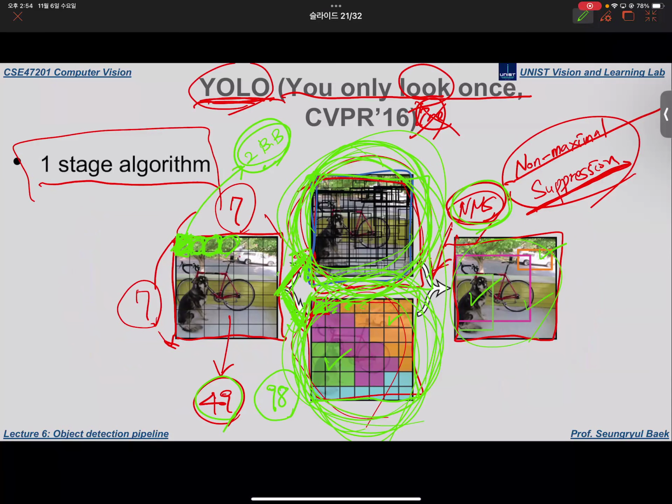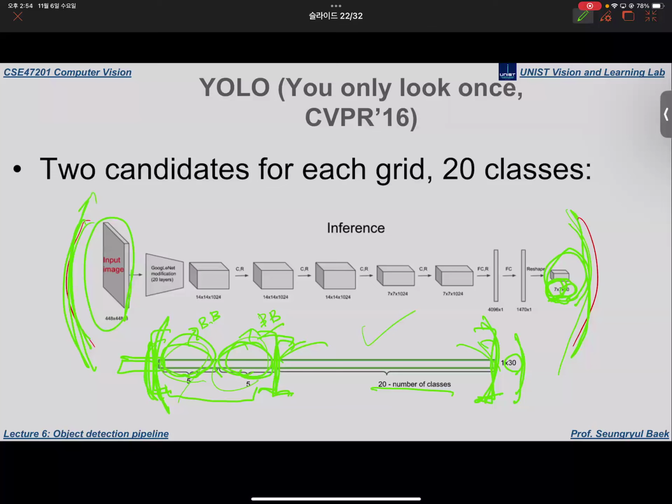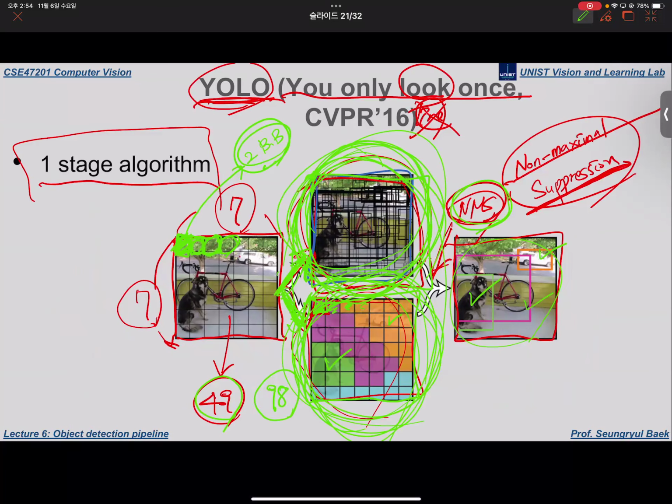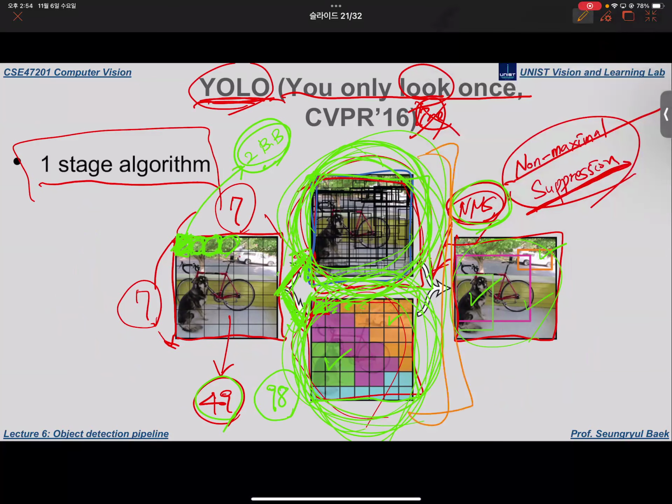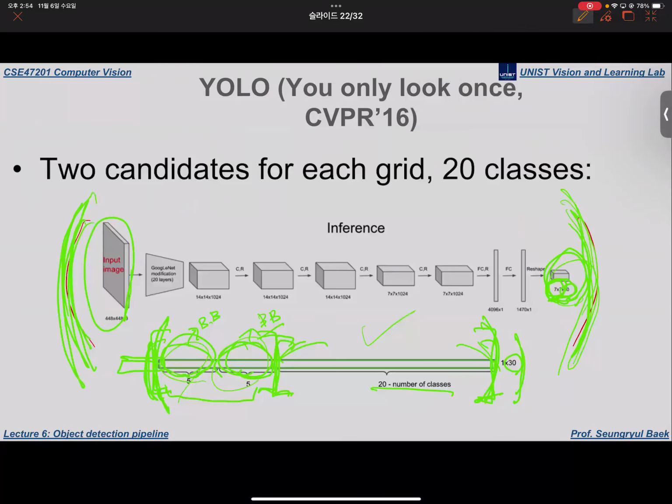So YOLO is estimating this type of 7 by 7 by 30-dimensional array from the original image, and that is represented here. This part is equivalent to this. Are you guys following this?